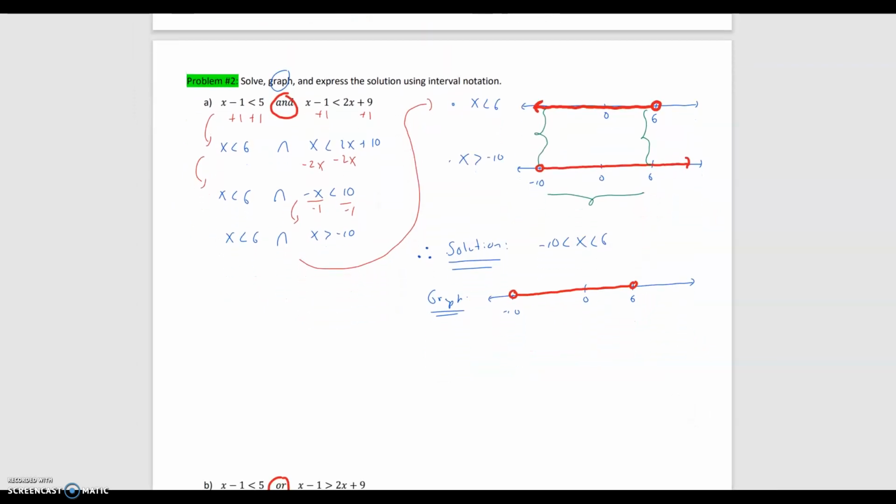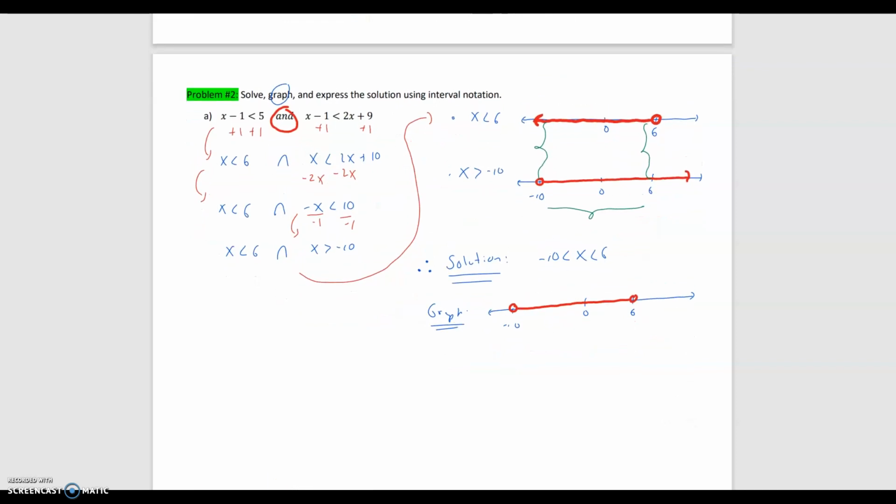The interval notation. So for the interval notation, we're just going to say from negative 10 to 6.